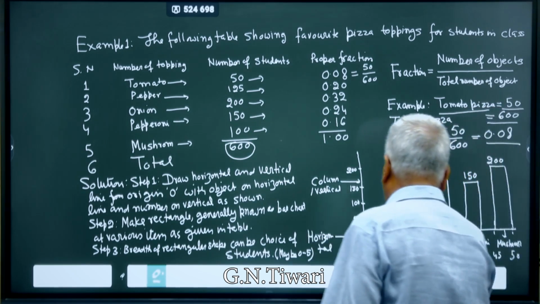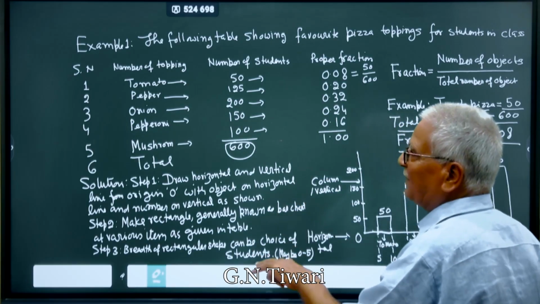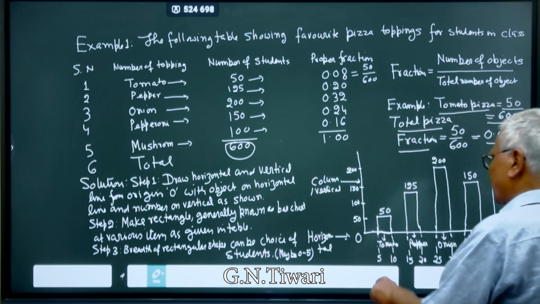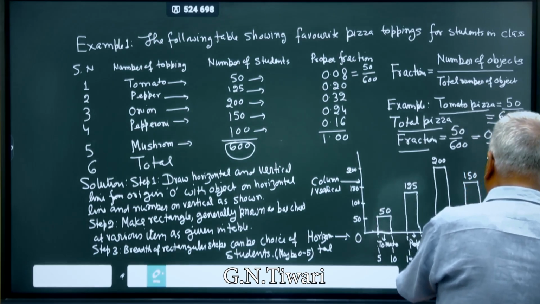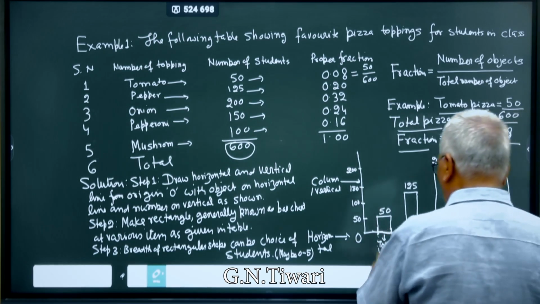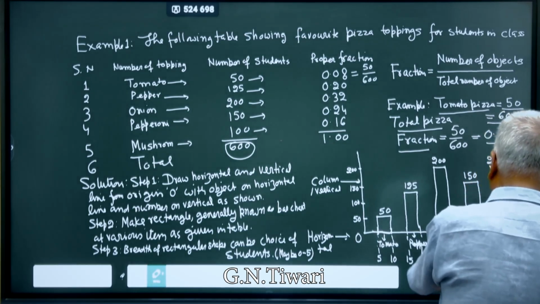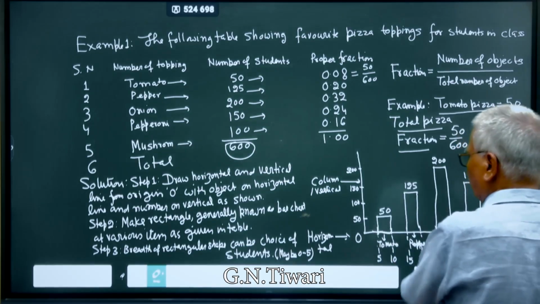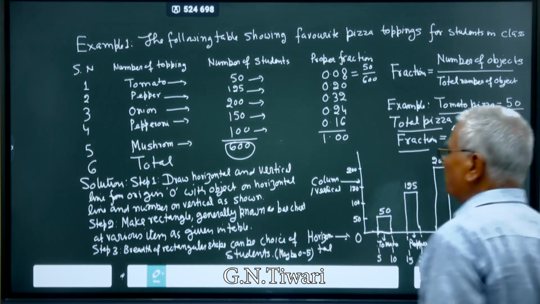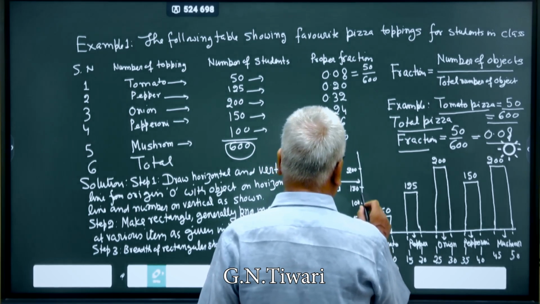It should be a proper breadth. Here I have taken 5 gap as a breadth of the rectangle for tomato, pepper, onion, pepperoni and mushroom. Just see 5, 10, 15, 20, 25, 30, 35, 40, 45, 50. Line diagram also has this type, starting from 0. Vertical line also, because it is hundreds, so 0, 50, 100, 150, 200.